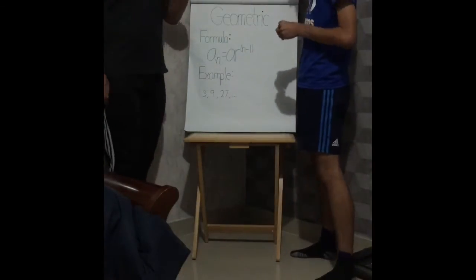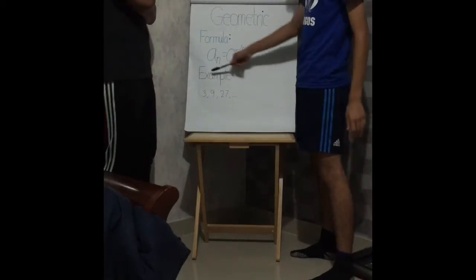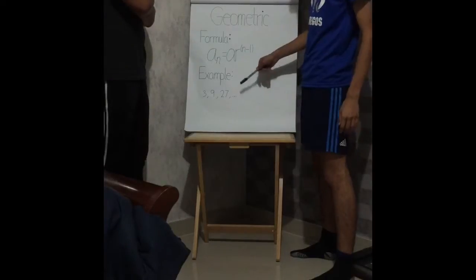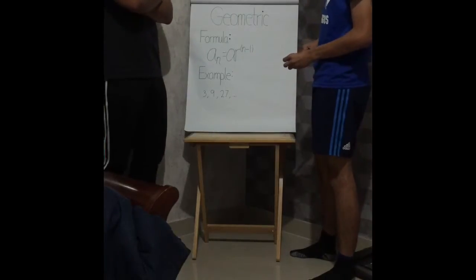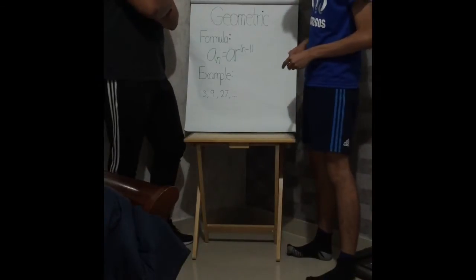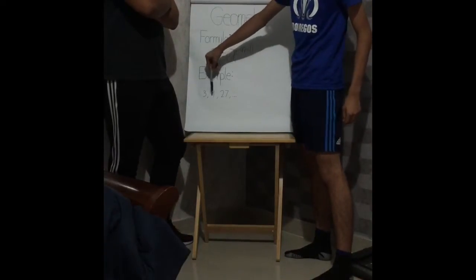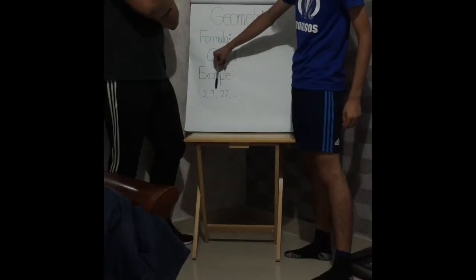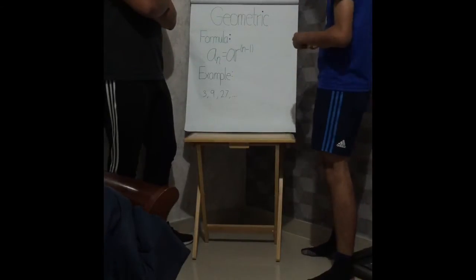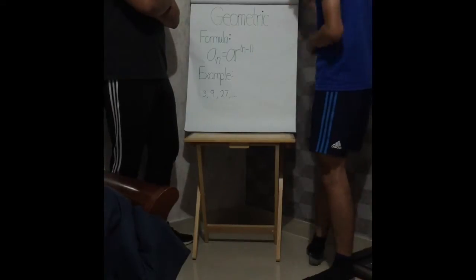As you can see, our sequence is this one: 3, 9, 27, and we need to find the fourth term. So what we need to do is find our common ratio. 9 divided by 3 equals 3, and 27 divided by 9 equals 3. So our common ratio is 3. So we need to put our formula in action.